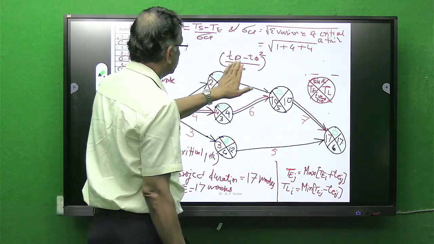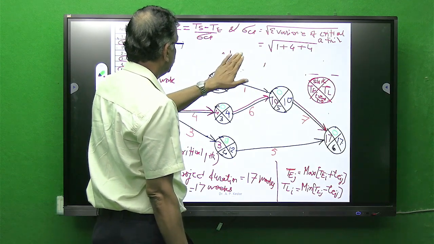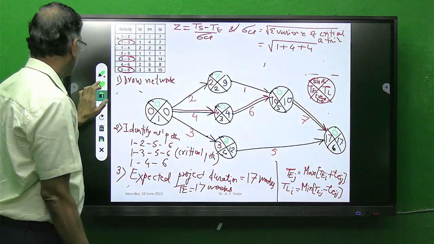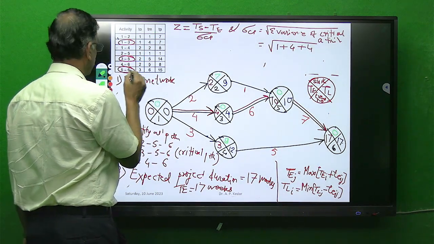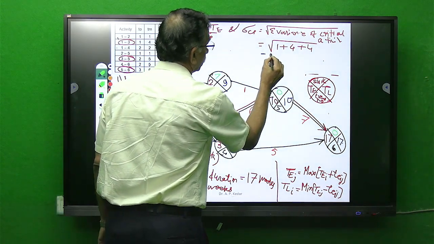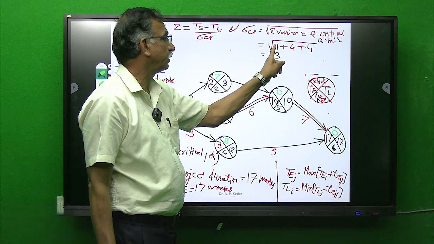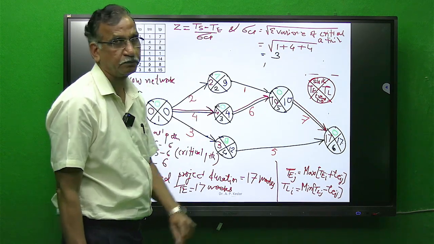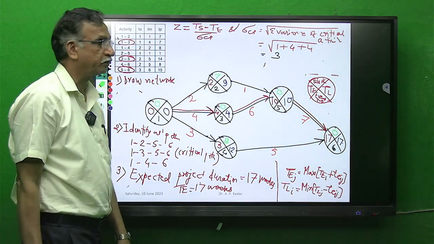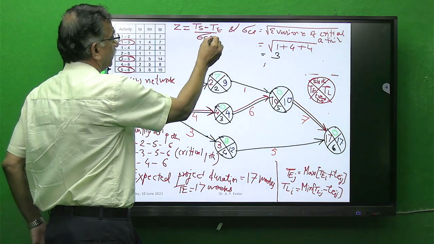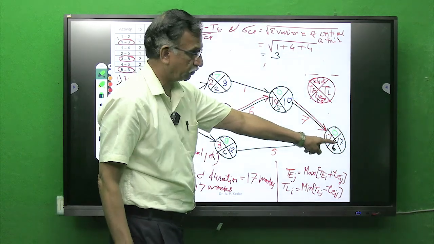I will rub this, it is not needed now. Explain how we are calculating that value. Now here, this will be equal to 1 plus 4 plus 4, 9, under root 9 is 3. Got it? So you are ready with the value of sigma Cp. Now Te we know, it is 17 weeks.